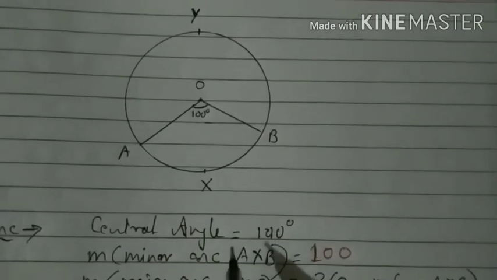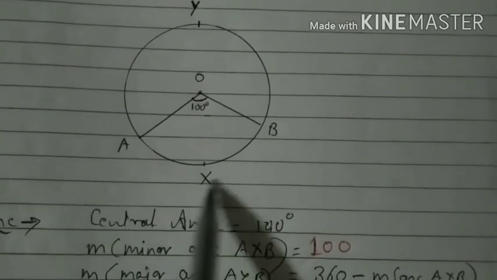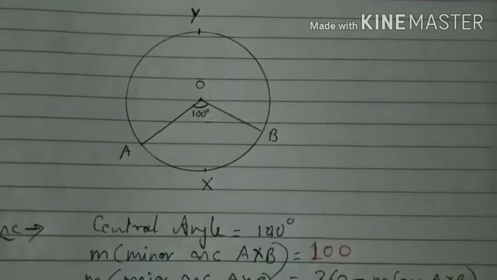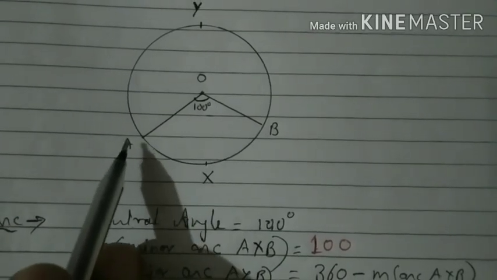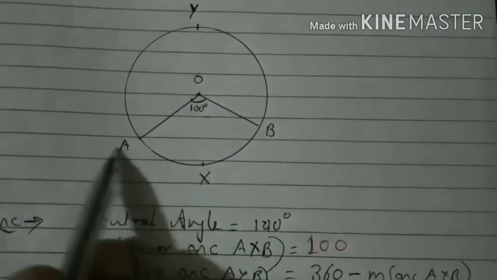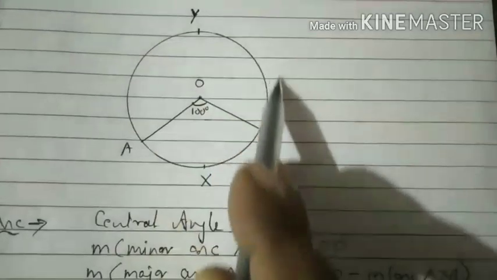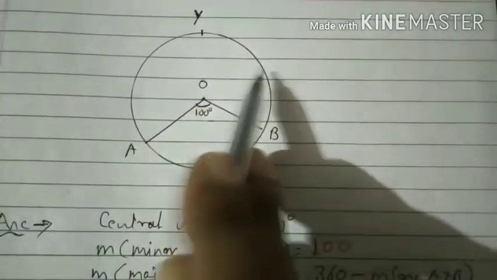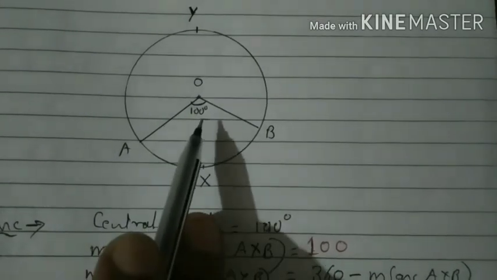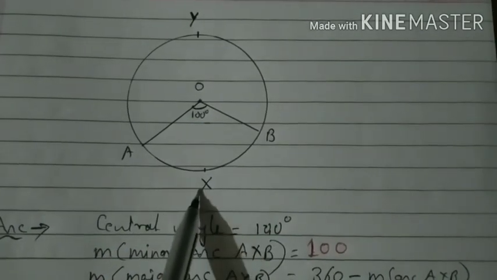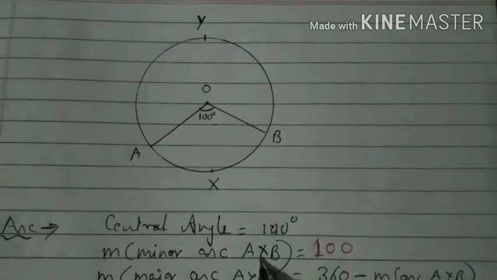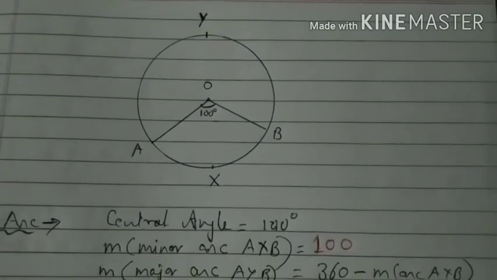Now we know that the measure of the minor arc is equal to the measure of the central angle. You can see there are two arcs, AXB and AYB. This portion is the minor arc and this is the major arc. If the central angle is given, the minor arc is equal to the central angle, so the measure of minor arc AXB is 100 degrees.